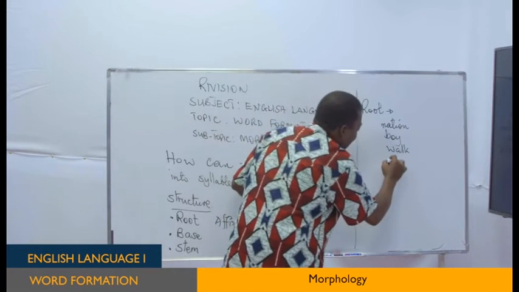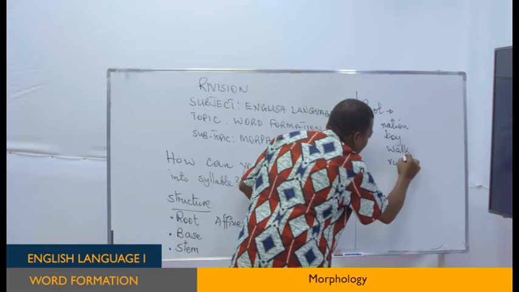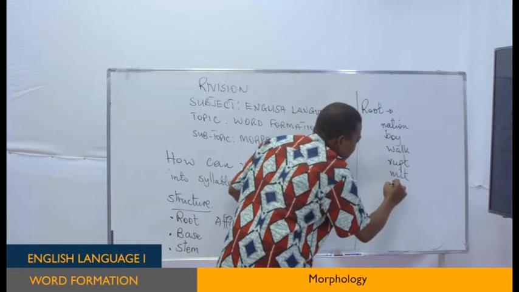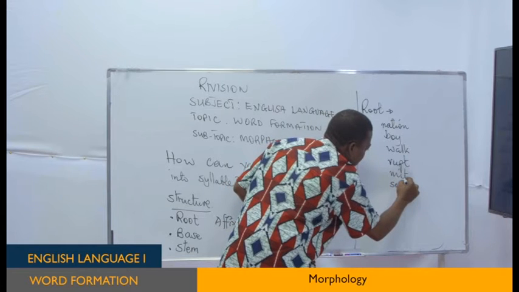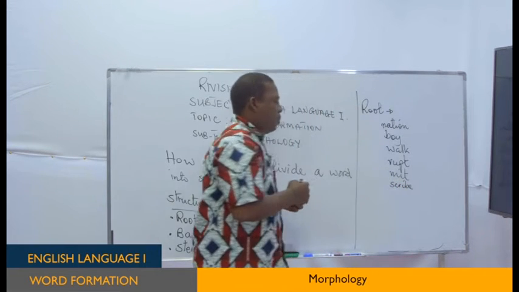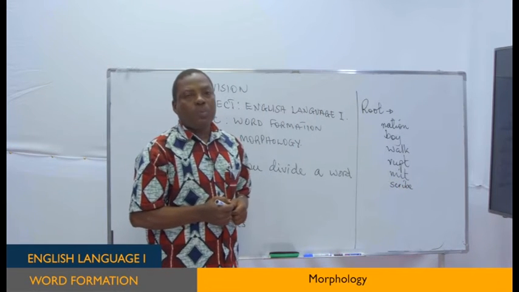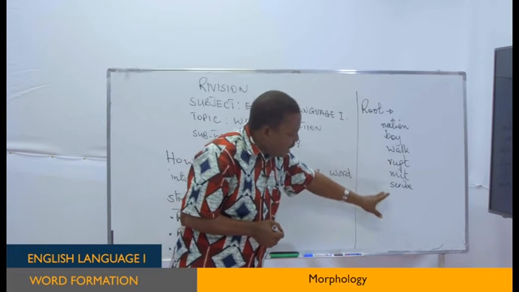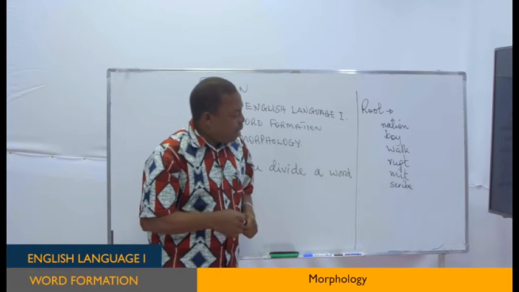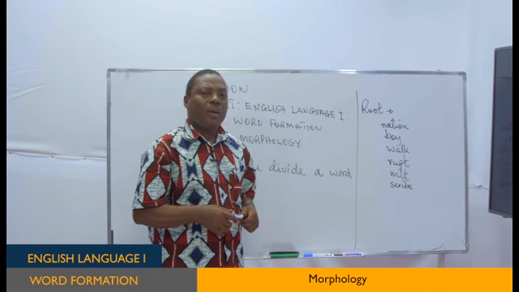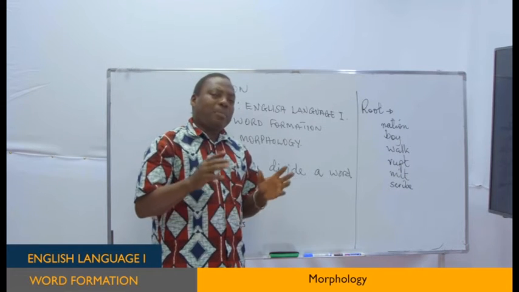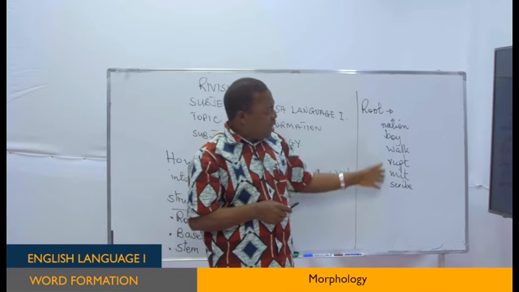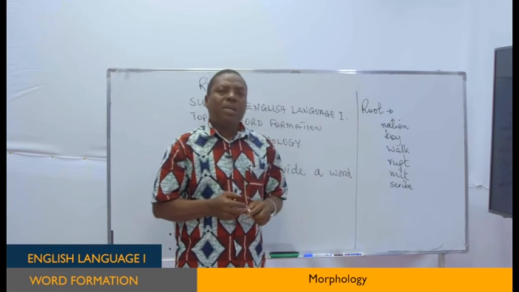But you can have other examples of roots like wrapped, meet, scribe, and others. Now, when you read these, wrapped, meet, and scribe, you might have some difficulty understanding what these elements could mean.